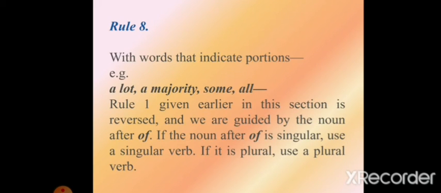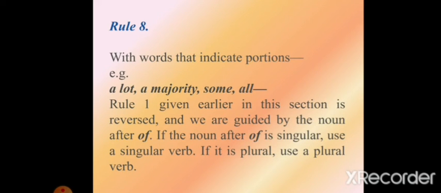The next rule: with words that indicate portions, again, a lot, a majority, some, all. Rule number 1, given earlier in this section, is reversed, and we are guided by the noun after of. If the noun after of is singular, use the singular verb. If it is plural, use a plural verb.